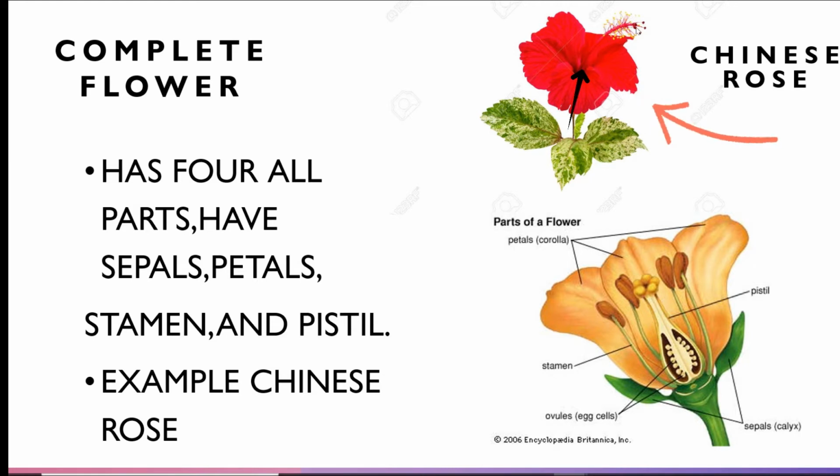We also have the pistils here, and the petals and the sepals here. We cannot see the sepals in the picture, but if you have seen this flower, you can see the sepals under the petals. It has 4 parts: sepals, petals, stamen, and pistils.